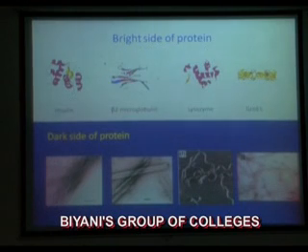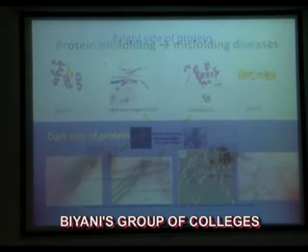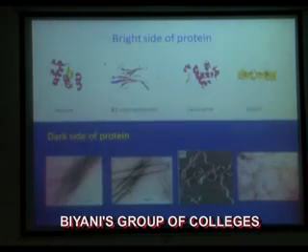But we also have a dark side of the protein, and that is the misfolding mechanism that they can undergo. And then these proteins end up in modified structures.